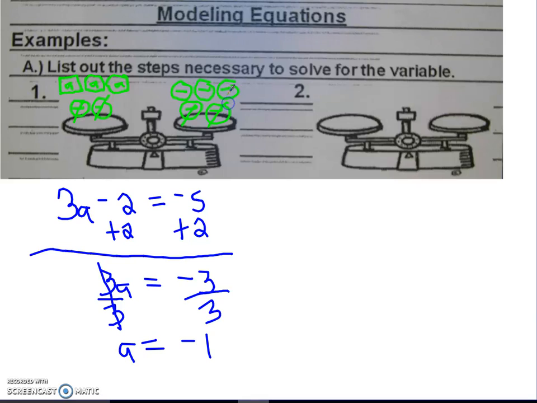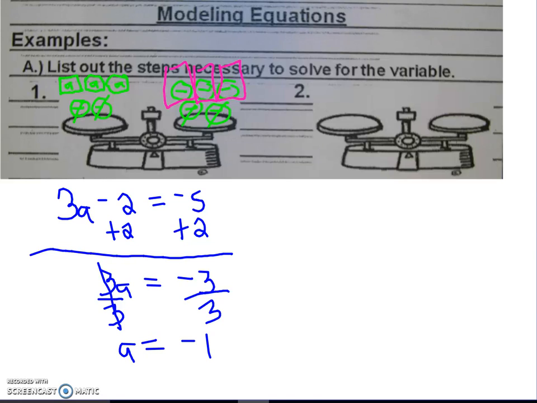This negative and this negative would disappear. And then you would need to form 3 equal groups. So here's a group, here's a group, and here's a group. So the amount that's in each group is negative 1.